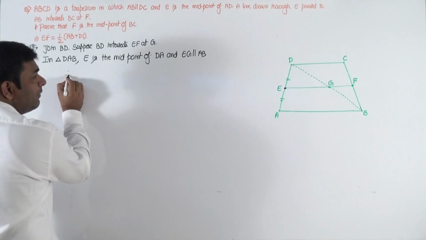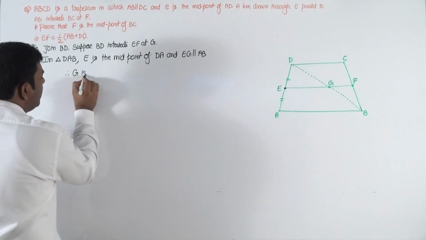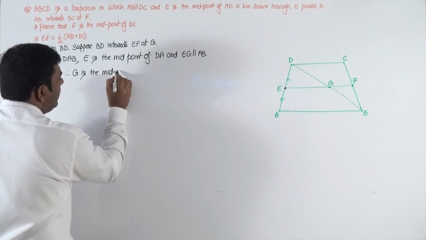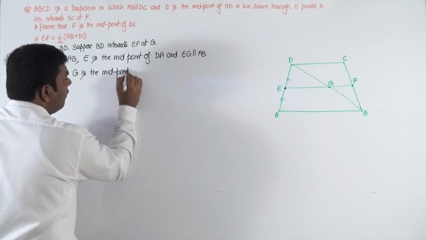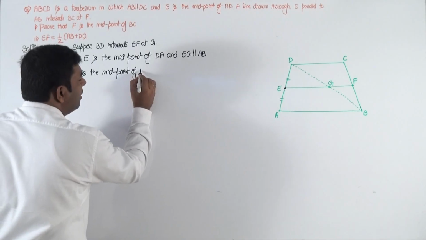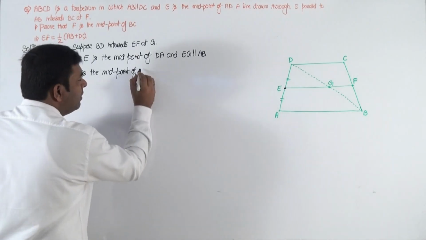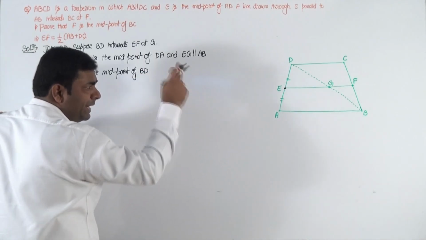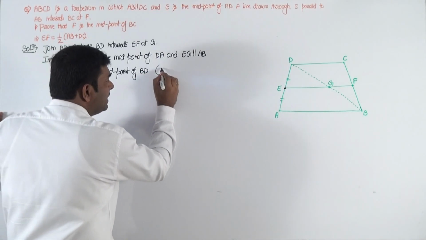Therefore, क्या होगा? Therefore, G is the midpoint, किसका midpoint है? BD और DB बोलो या BD बोलो? BD. G is the midpoint of BD. Which theorem is this?